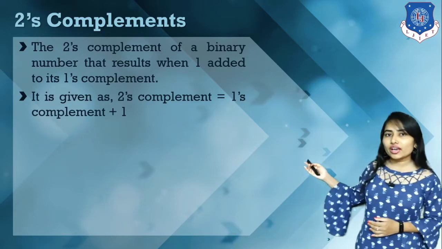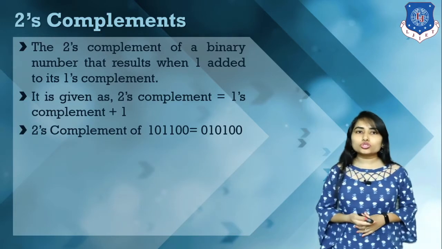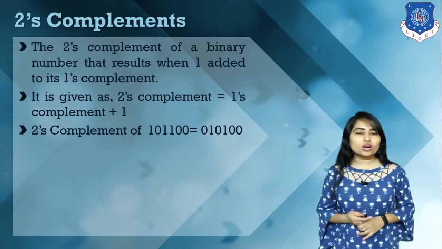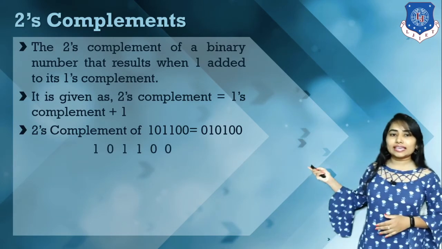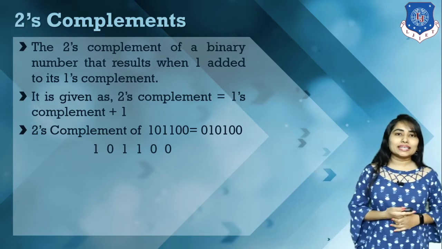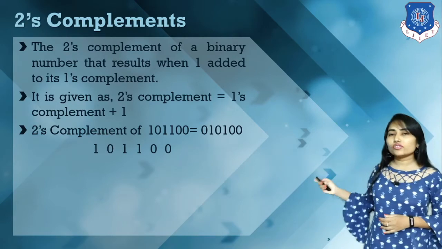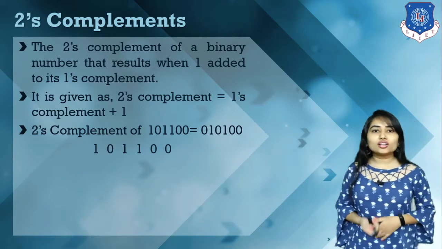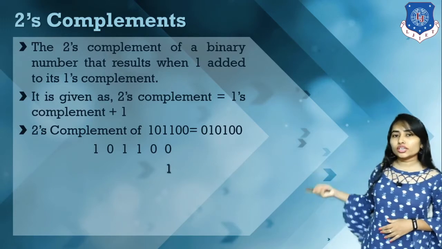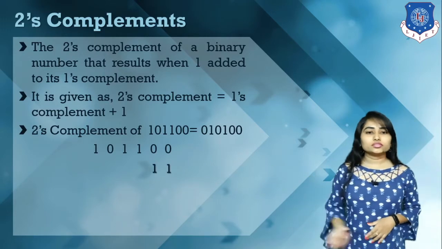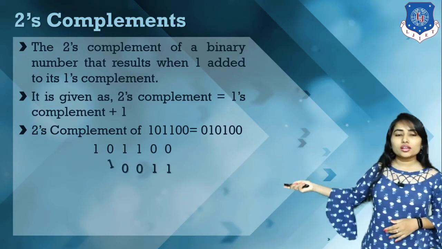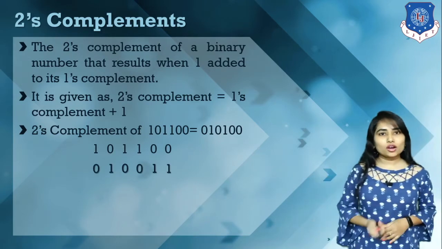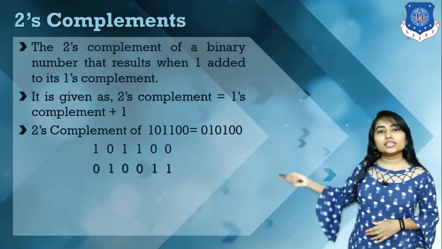Here we have one example for 2's complement. The 2's complement of 101100 is calculated like this. Here we have this binary pattern 101100. Replace all the ones and zeros. So here 110011, and now add 1 to these bits.